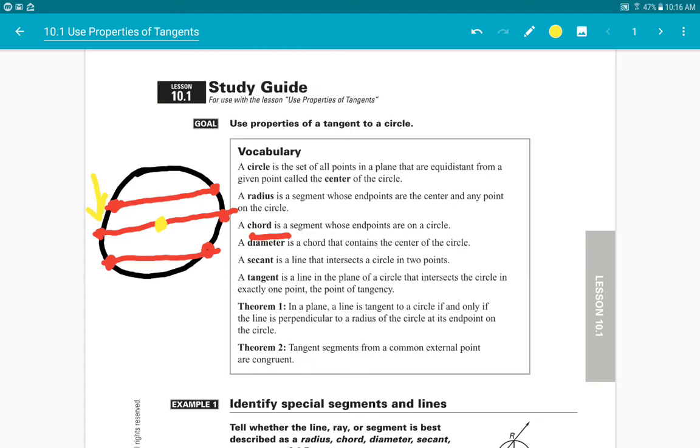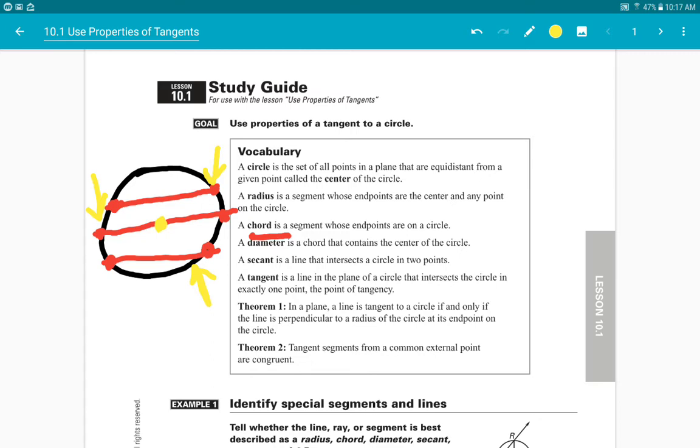In the other two, it does not contain the center point, so we can only describe them as chords, whereas the one that contains the center point we have a specific name for. We call that the diameter. And we all know from past experience, the diameter is the sum of two radii, so it's going to be 2 times the length of the radius.